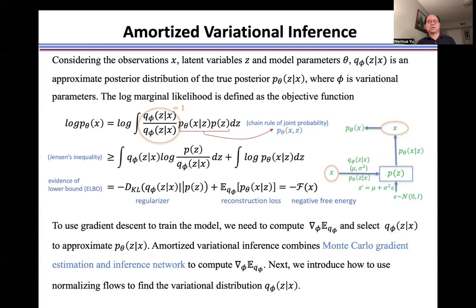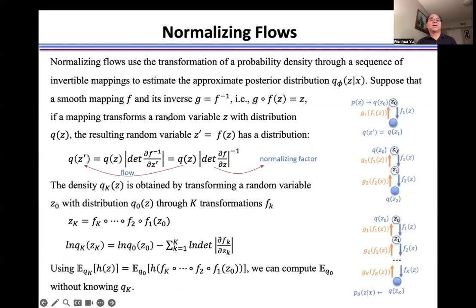Next, we introduce how to use normalizing flows to find the variational distribution Q. Normalizing flows use the transformation of probability density through a sequence of invertible mappings to estimate the approximate posterior distribution Q. Suppose that a smooth mapping F and its inverse G transform the random variable Z with a distribution Q(Z).